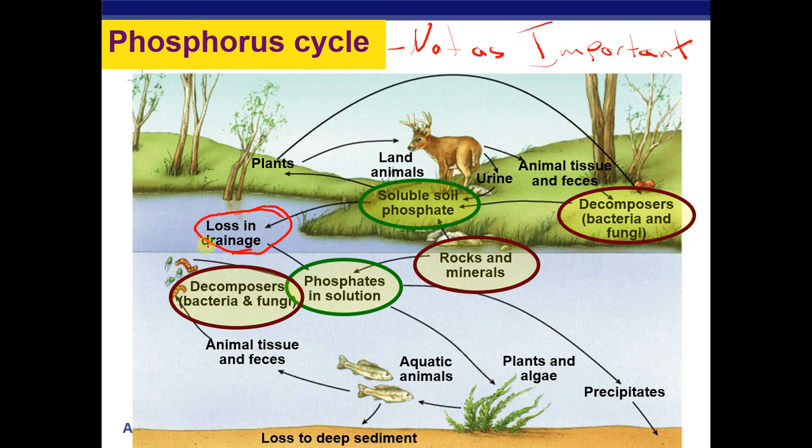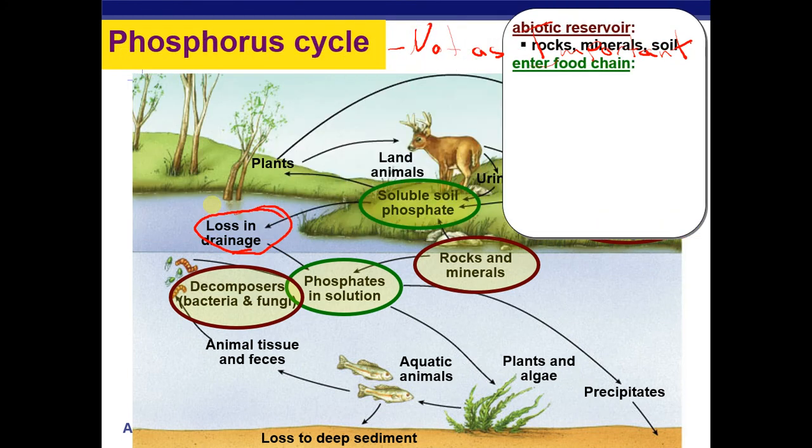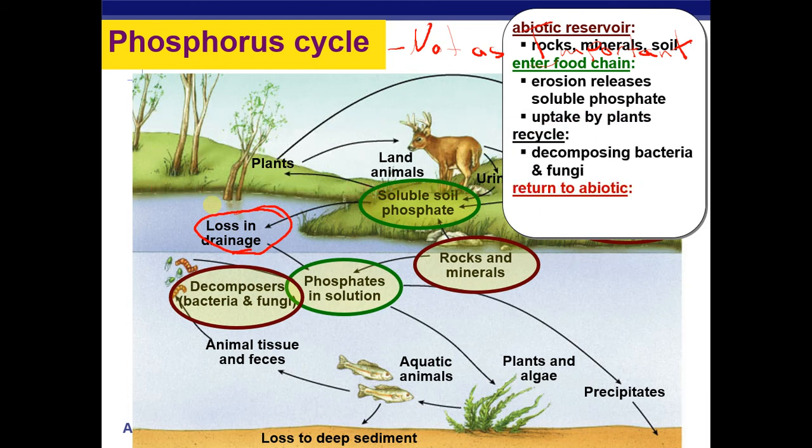And this is where the eutrophication of lakes comes from, like farm runoff and domestic runoff. So the main abiotic reservoir, rocks and minerals in the soil, enters the food chain by erosion and the fact that phosphates are soluble in water, and then uptaken into plants.